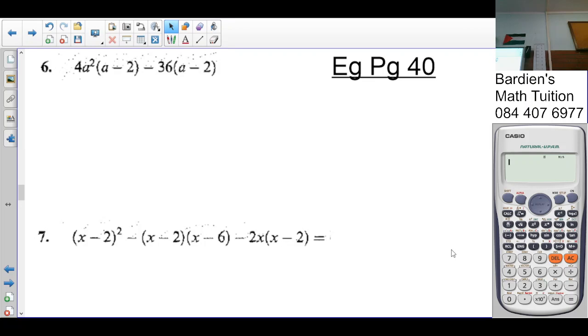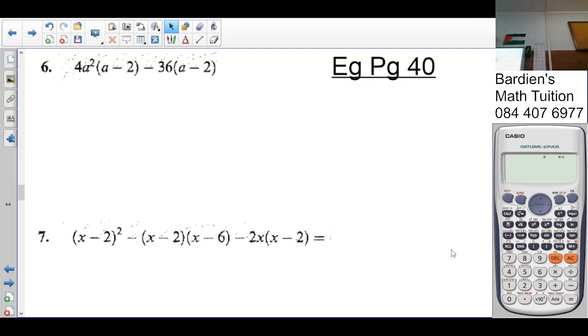Okay, so what can be done here in number 6? Yes, your hand is up. Yes? 4a squared minus 36, a minus 2.